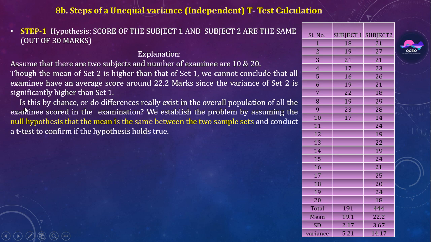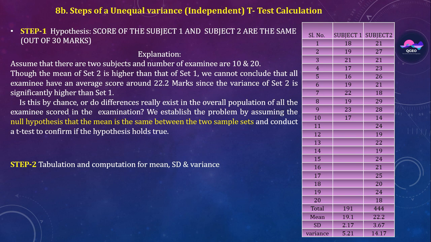So is this by chance, or does a difference really exist in the overall population of examinee scores? We establish the problem by assuming the null hypothesis that the mean is the same between the 2 sample sets, and conduct a t-test to confirm if the hypothesis holds true.